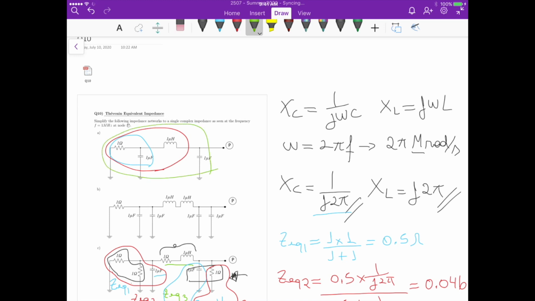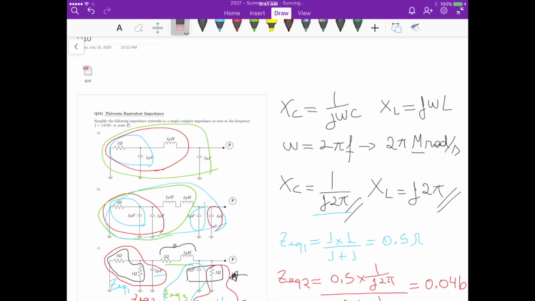For the second one, we start with this parallel here, then another parallel here, another series here, and then another parallel all the way here. Or you could do first one parallel with this one here, and then another one with that one, okay?